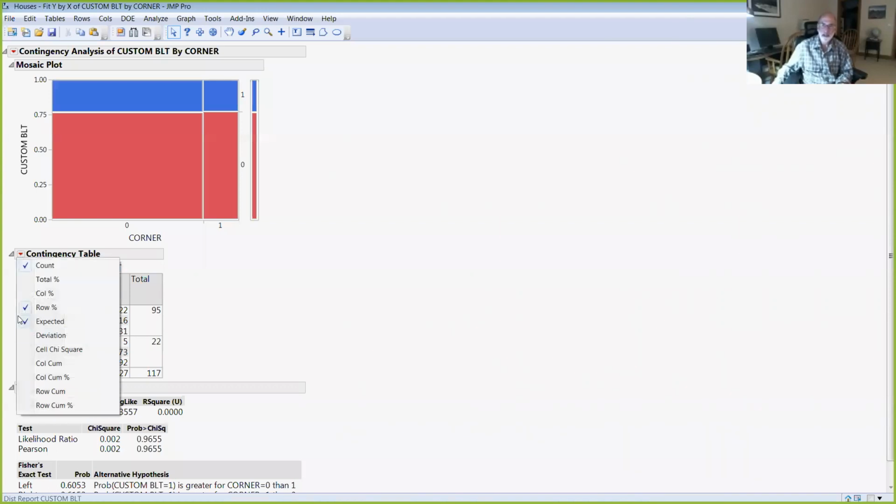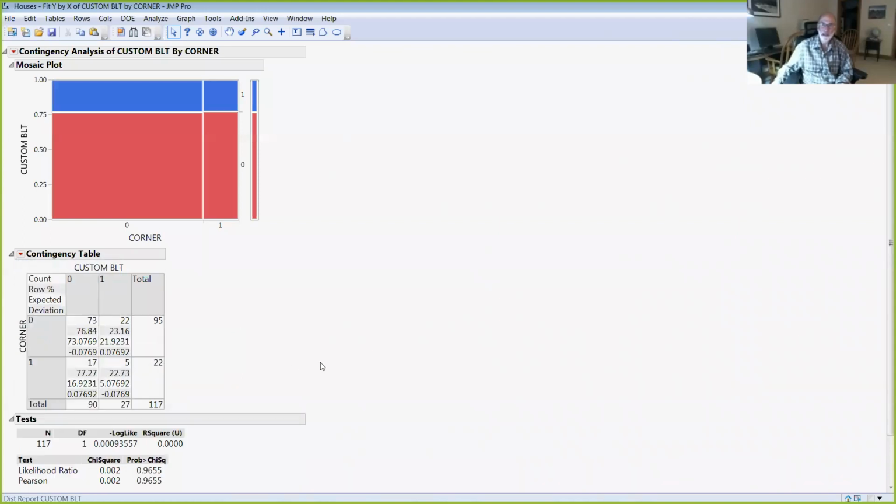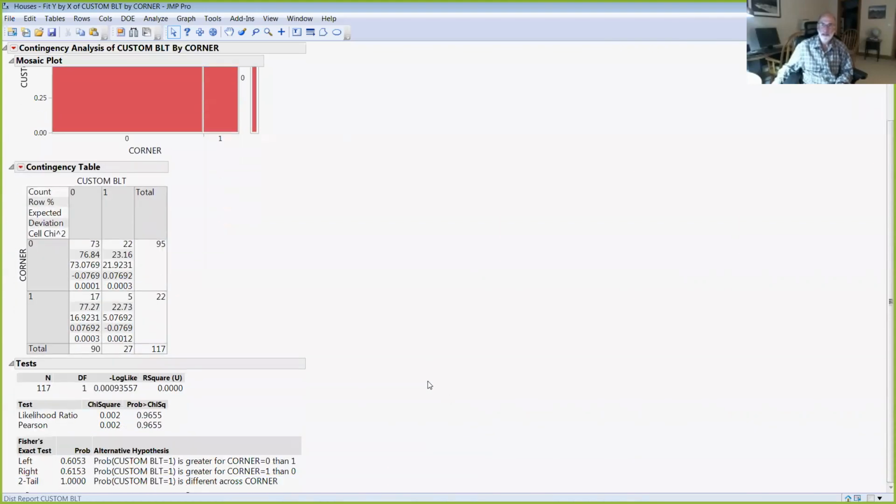The next step in the chi-squared test is to say how far away is what we'd expect under that null hypothesis from what we actually found. So this is just measuring those differences. Then it gets a cell chi-squared, which basically looks at the deviation from what we would expect if the hypothesis were true that there's no relationship between these two variables.